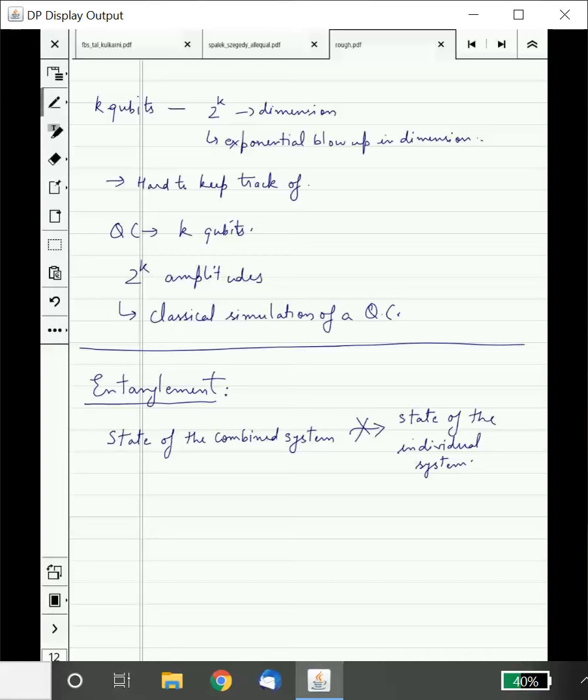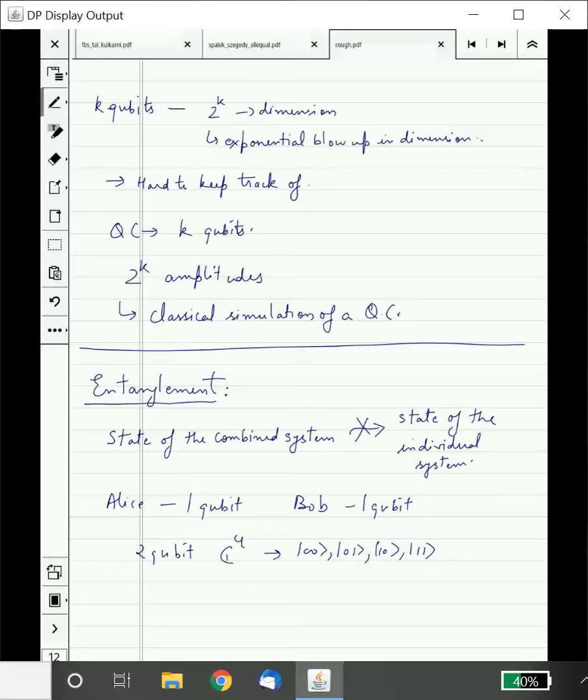For example, let us say that Alice has 1 qubit, Bob has 1 qubit, then the combined system we just checked is of 2 qubits and the Hilbert space will be C to the 4. This has 4 basis elements, 0, 0, 0, 1, 1, 0 and 1, 1, and any linear combination with length 1 would be a possible combined state of Alice and Bob.